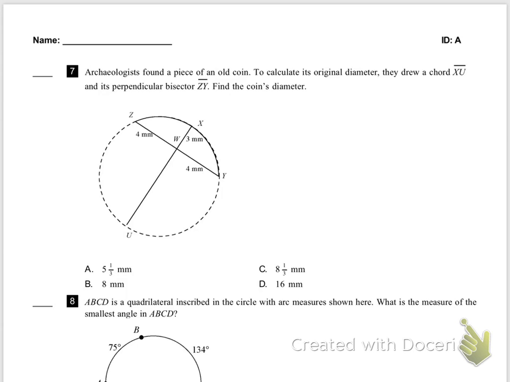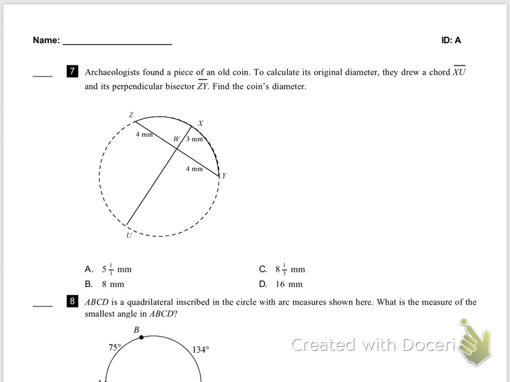Those two things appear to be backwards because XU is definitely bisecting ZY and not the reverse. Find the coin's diameter.